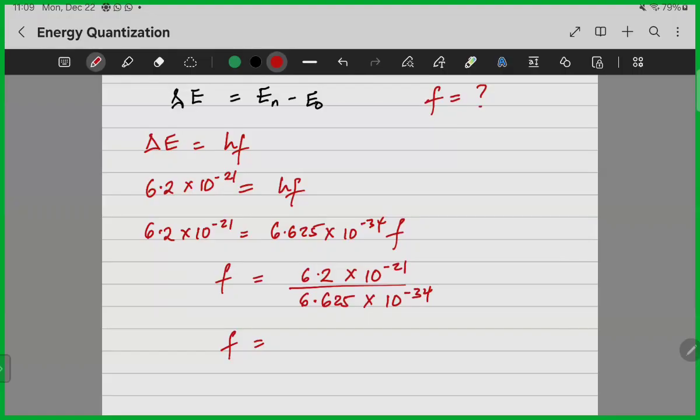Let me grab my calculator. 6.2 times 10 to the minus 21 divided by 6.625 times 10 to the minus 34. That will give me 9.358 times 10 raised to 12 hertz.